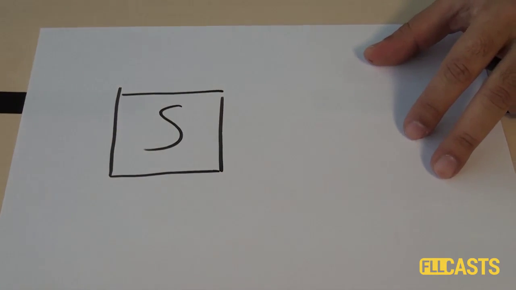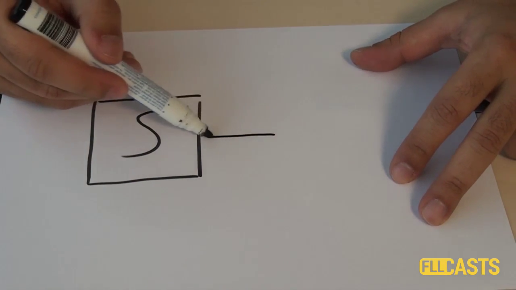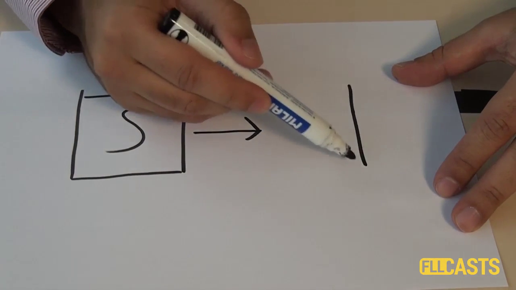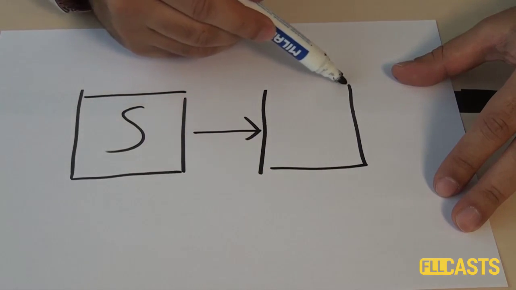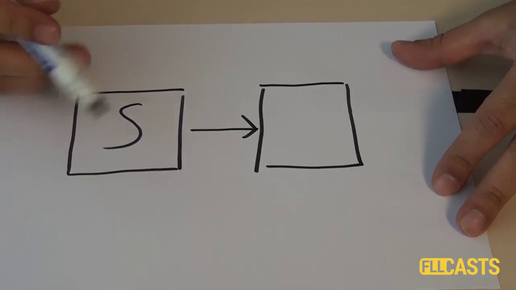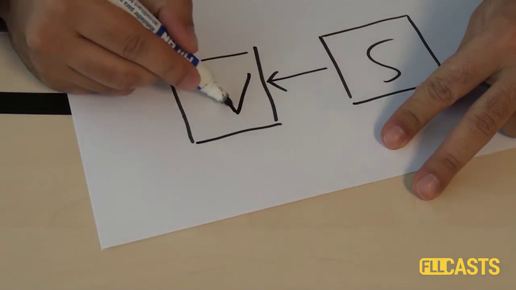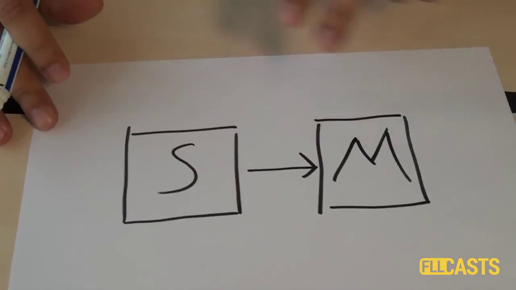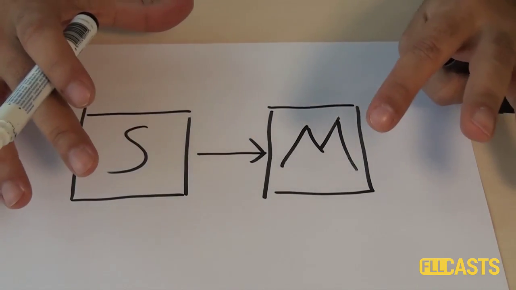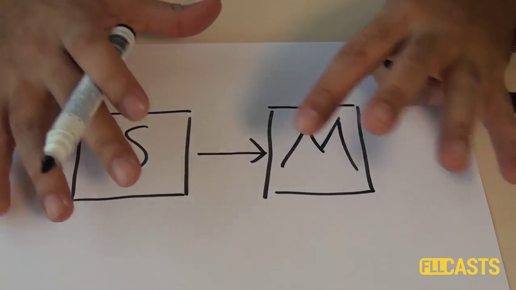So that's the state. And after we find the state, we check the state and we command the motors. So we program the motors, and these here are the motors. And we'll separate our program into these two large parts.